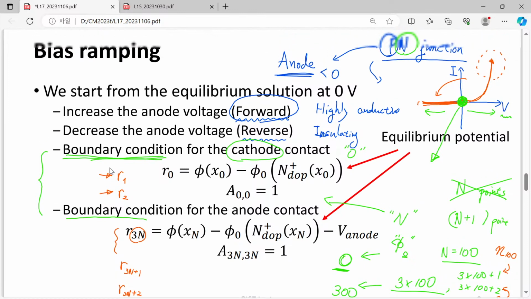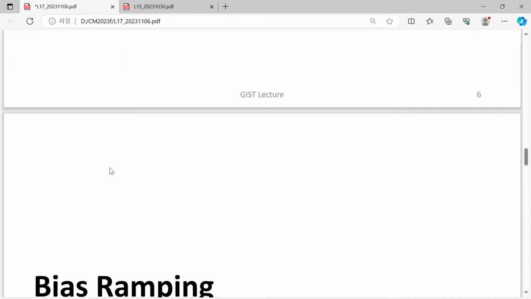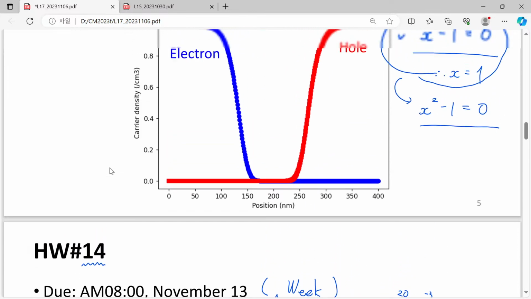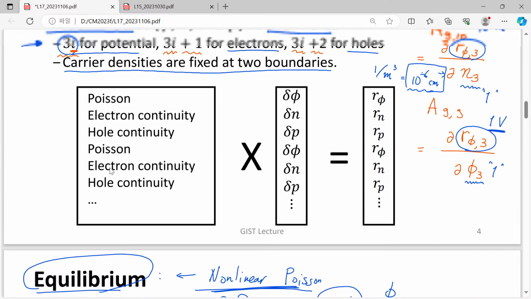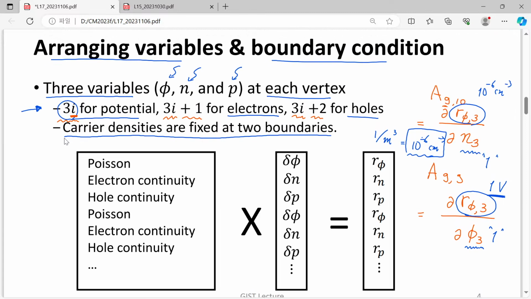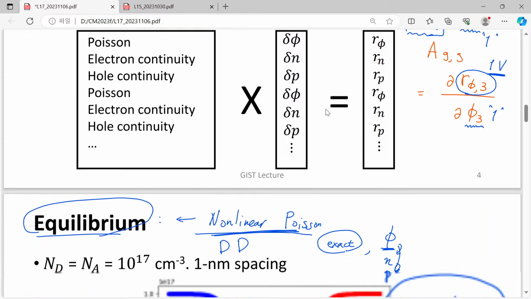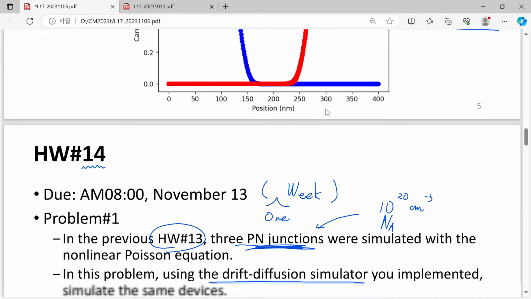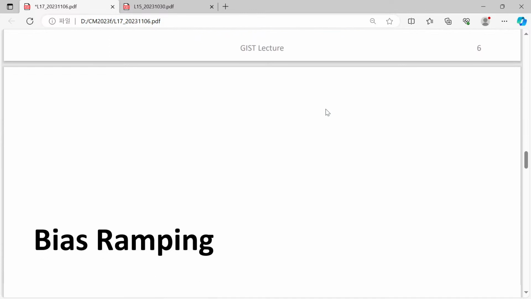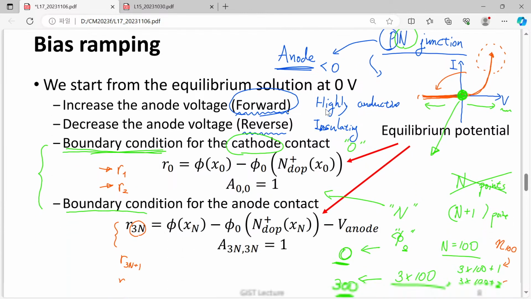It is simply because, once again, we will just apply this condition even in non-equilibrium cases. Carrier densities are fixed at the two boundaries. That simply means that the only change when we consider the non-equilibrium case is the change of boundary values of your electrostatic potential. So are you all with me?